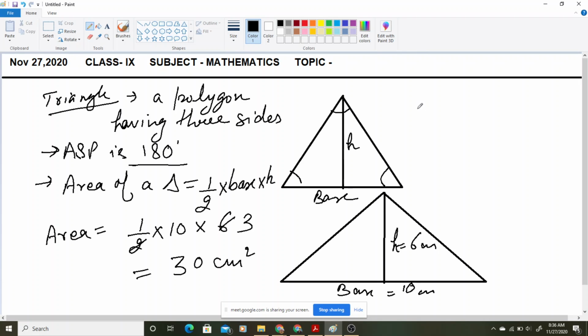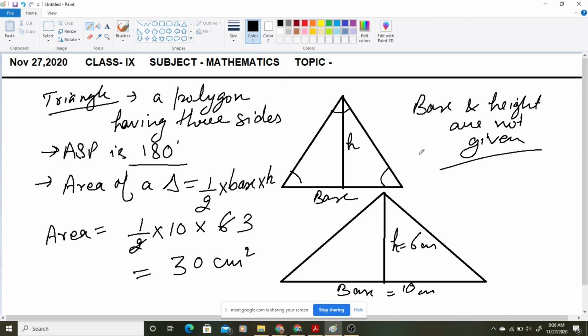But when the base and height are not given, then what to do? If base and height are not given, then what we are going to do in this situation? See, this is the thing we will be studying today through our new topic, that is Heron's formula.